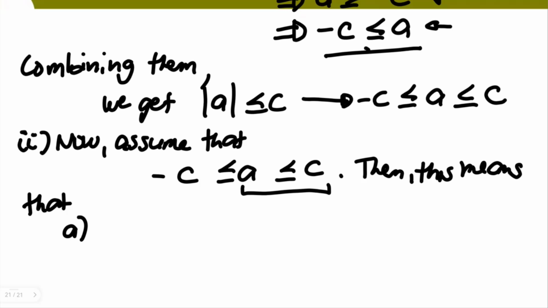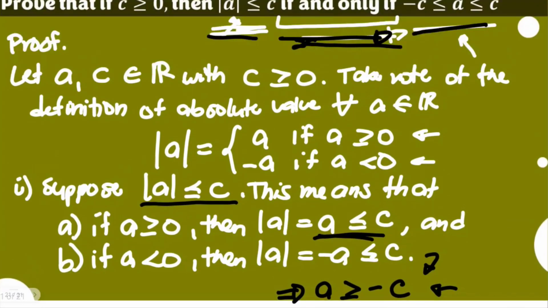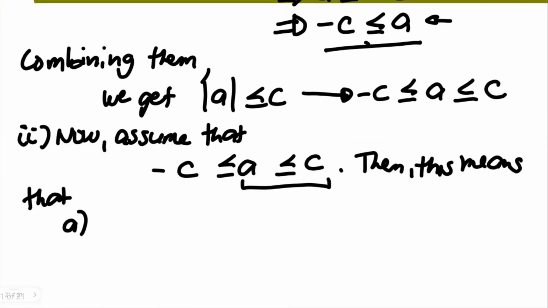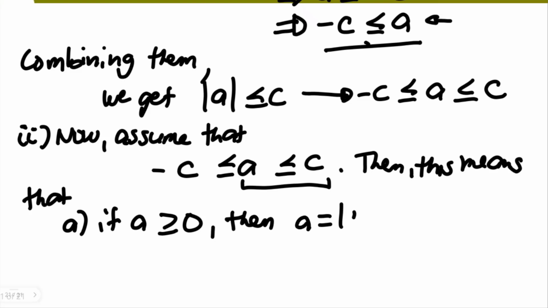Per definition, looking back on our definition, if A is greater than or equal to 0, then A is the result of the absolute value of A.